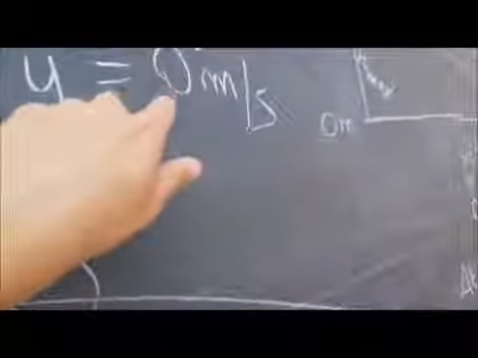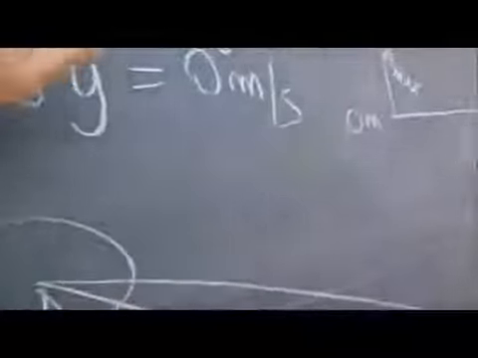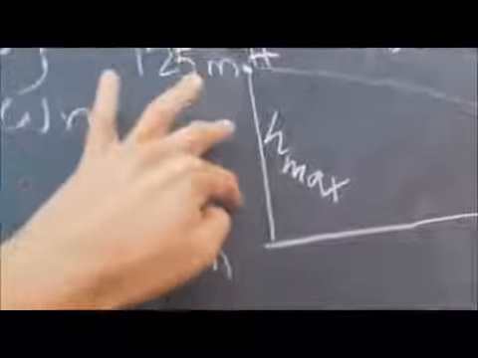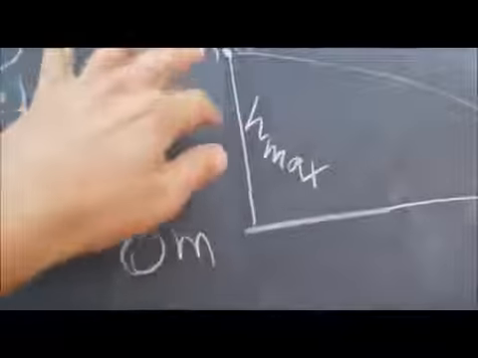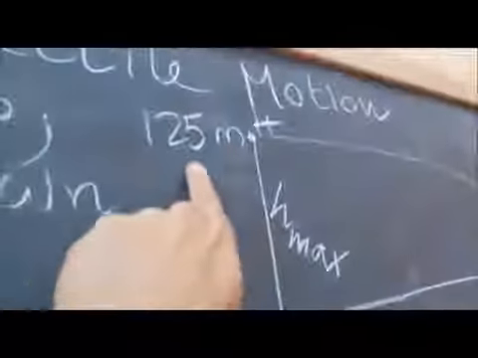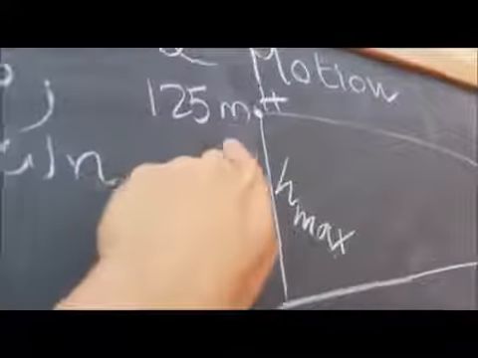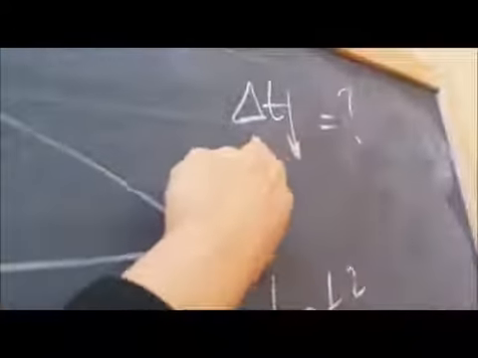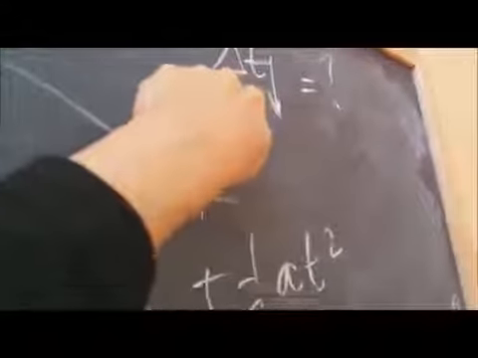It's a moment of no movement. We only know, but it is all we need to know, the maximum height, which is 125 meters. Now we need to calculate how long it will take to go down and touch the ground.